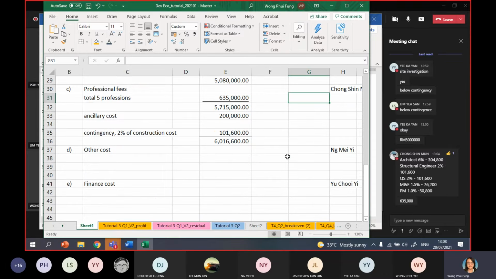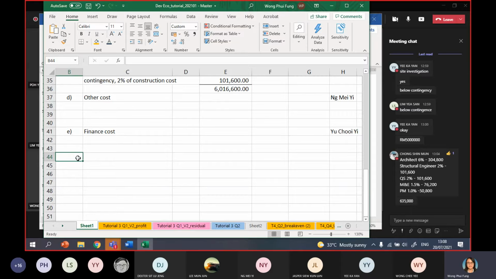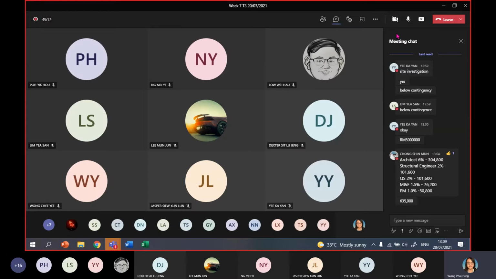Okay, then we should wait for Mei Yi for the other cost and Chui Yi for the finance cost. After that, we will have the letting and sales fee. Okay, letting and sales fee, I would like to call Hong Lam.